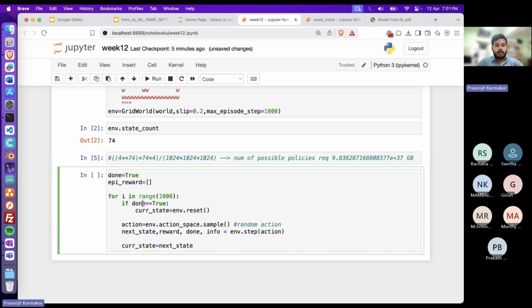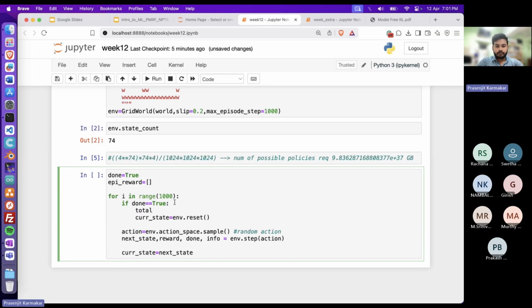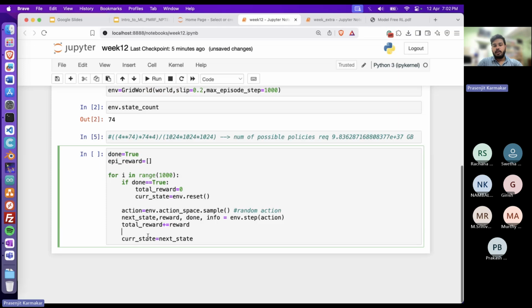When it is done and resetting, I set the total reward to 0. When transitioning to the next state, I add the current reward to the total reward. I should not append the total reward at the initial step; I only have to do it when one episode ends.